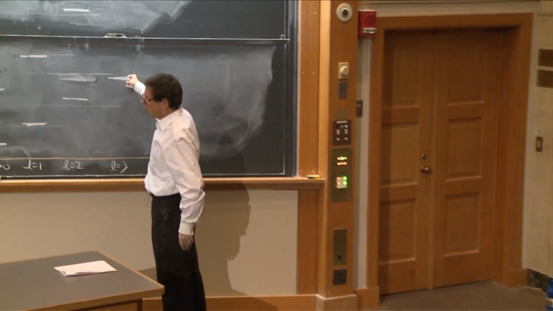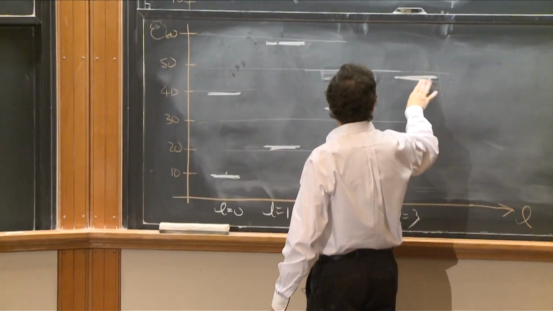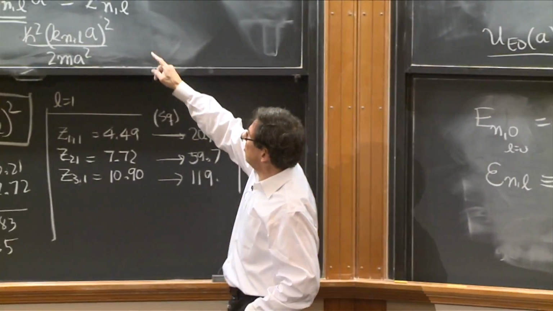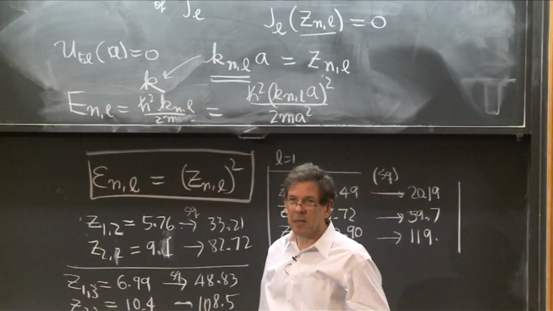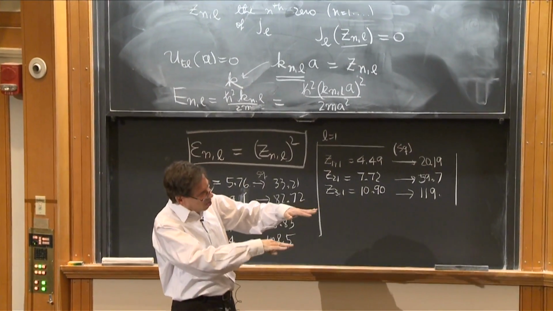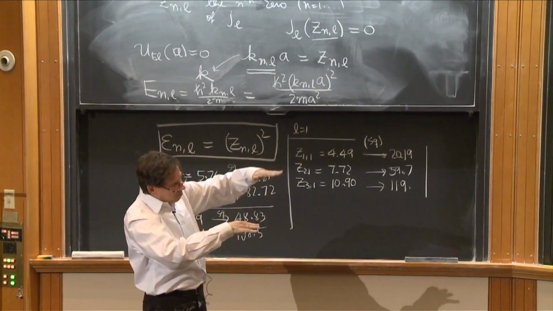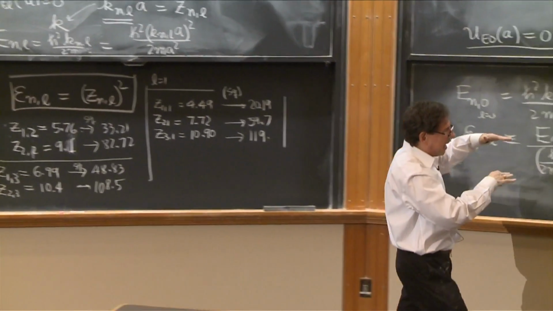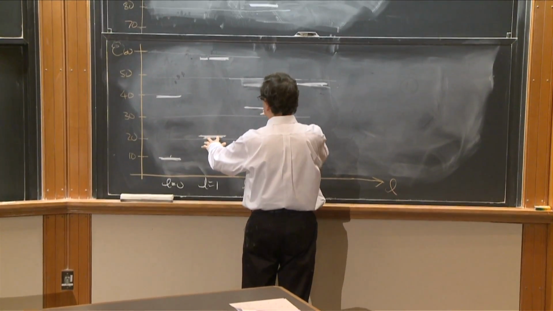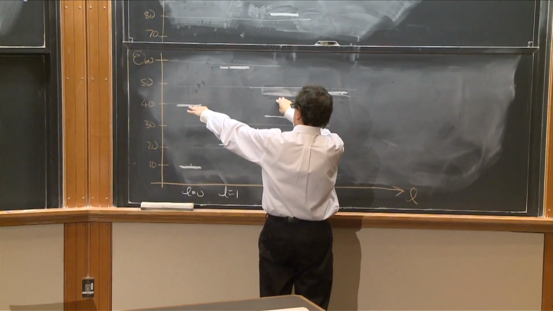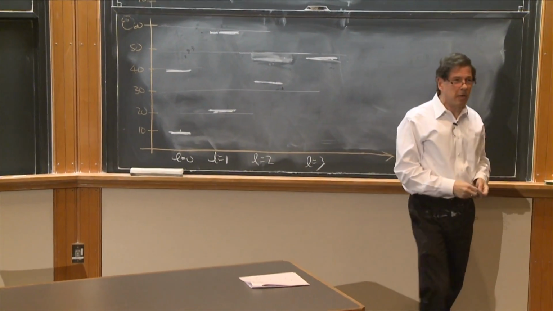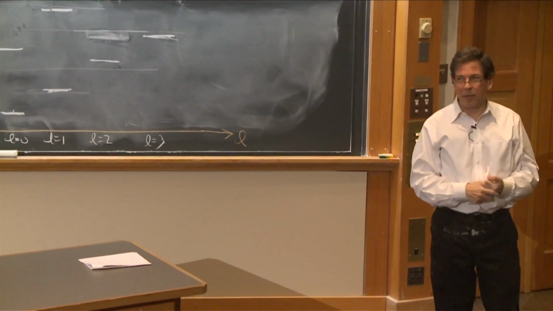I cannot prove for you, but it's probably true and probably not impossible to prove that these zeros are never the same. No l and l prime will have the same zero. So no degeneracy ever occurs that needs an explanation. For example, this state could have ended up equal to this one or equal to this one, and it doesn't happen. And that's okay, because at this level, we would not be able to predict why it happened.